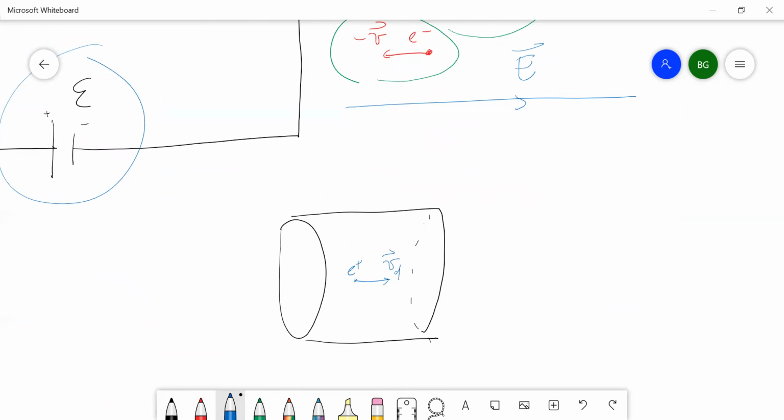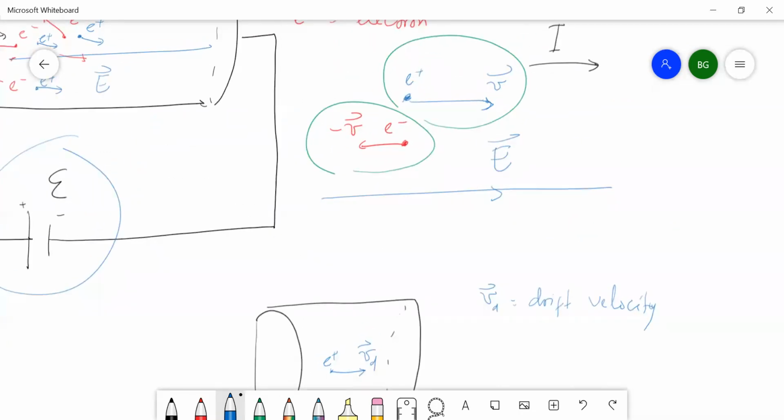Vd is called the drift velocity. If the direction of E is left to the right, then the drift velocity is also left to the right.